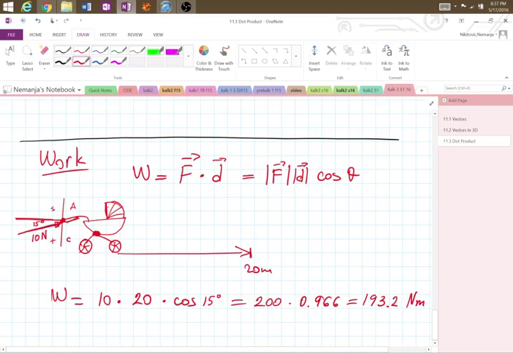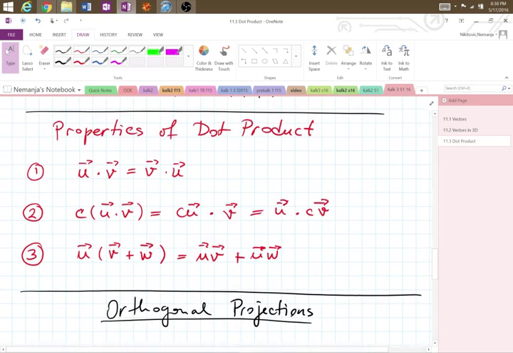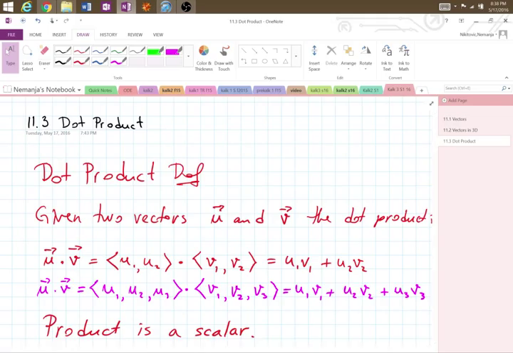That's the work for the stroller. And then you get paid accordingly, right, for the work done. Which concludes the section on the dot product.